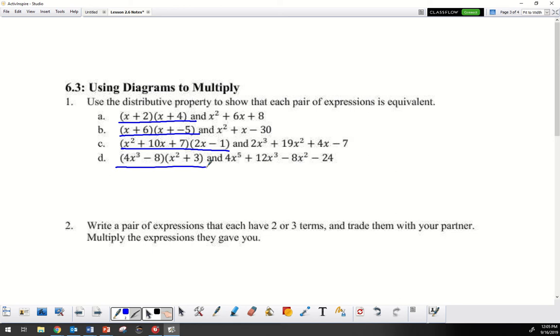Can I do it like this? Yes, you can. You can do it like the box thing I showed you too. You're just distributing. You don't have to set it equal to 0. Just do the distribution, because we're just going to verify that this one right here is equal to this one right here.